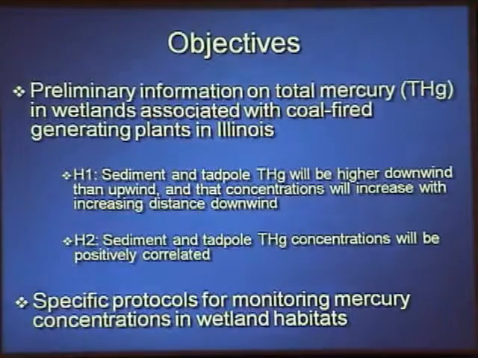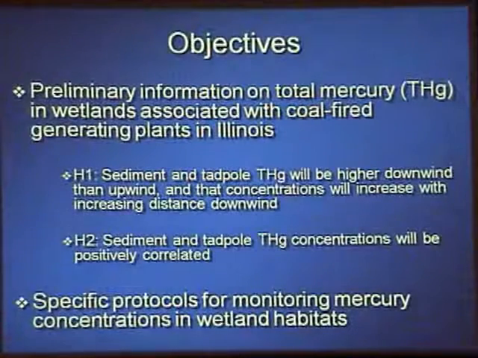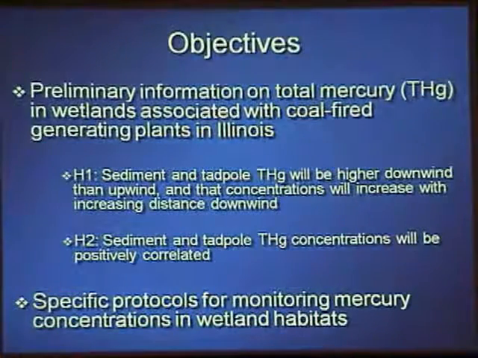The second was that sediment and tadpole total mercury concentrations would be positively correlated. We also wanted to develop, because it was a preliminary study, some specific protocols for monitoring mercury concentrations in wetland habitats.